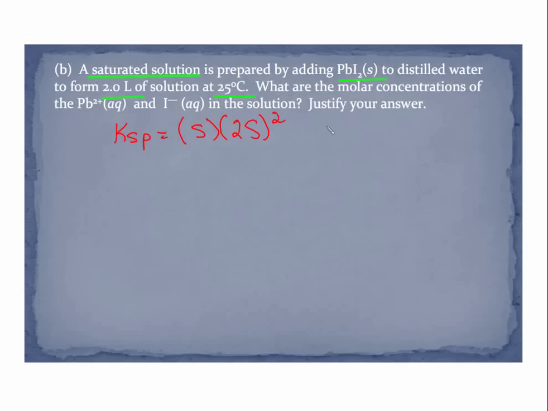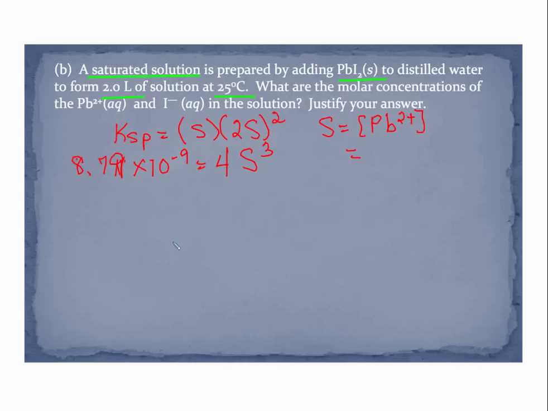And we were given the solubility. So the solubility was given as being equal to the lead ion. We figured that out because it was a 1-to-1 mole ratio. And if you just did this algebra for our KSP, we could plug in our KSP, 1.79 times 10 to the minus 9th, is going to equal 4s cubed.